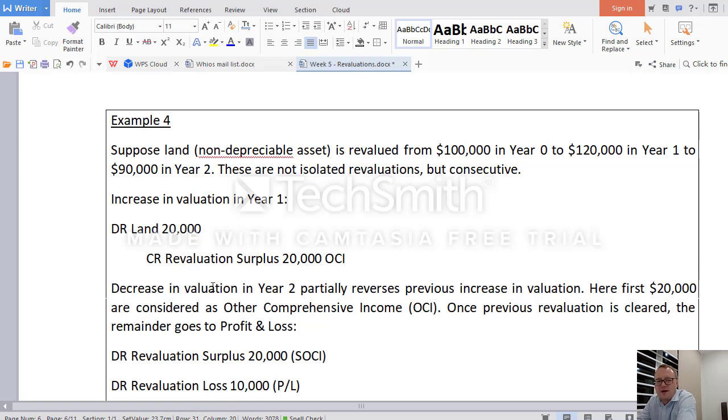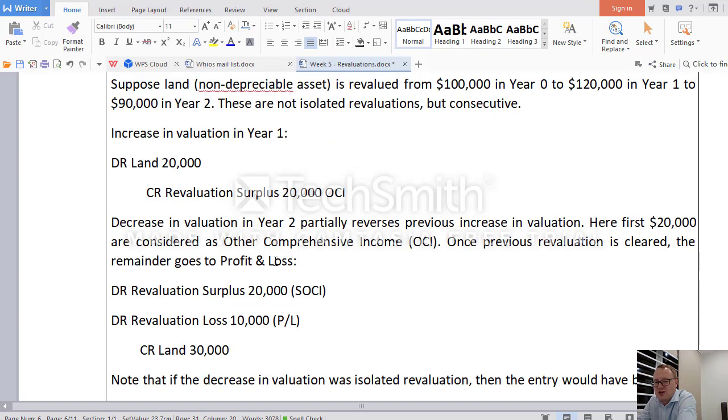Now, in the second year, we start with 120 and decrease to 90. So the decrement would be 30,000. But this 30,000 again must be split into genuine decrease and reversal. So what is our genuine decrease?